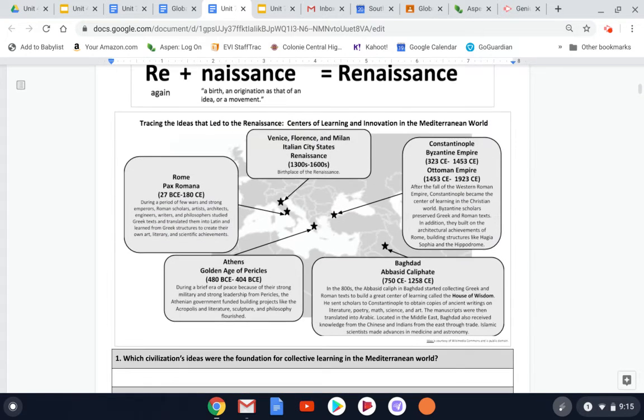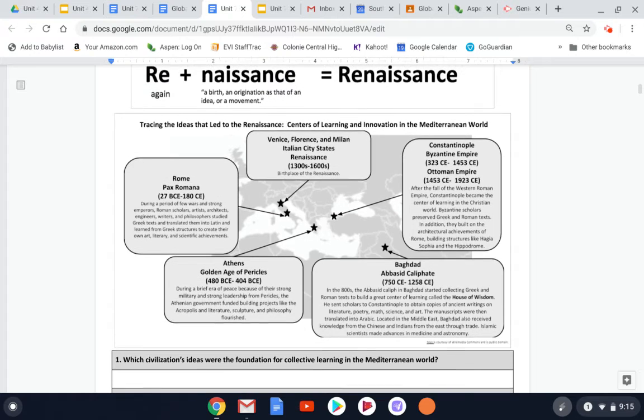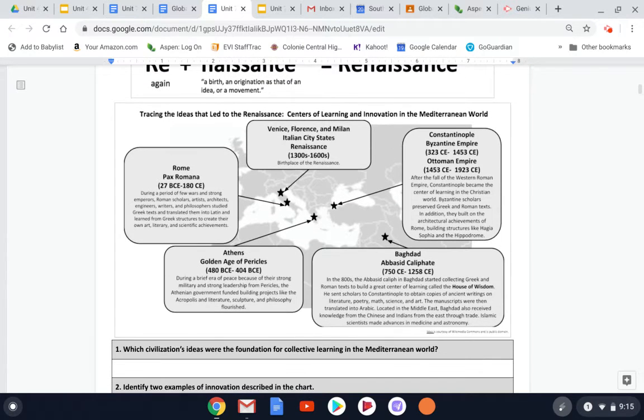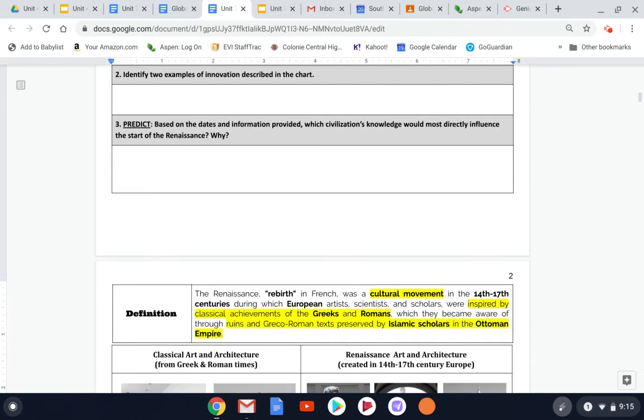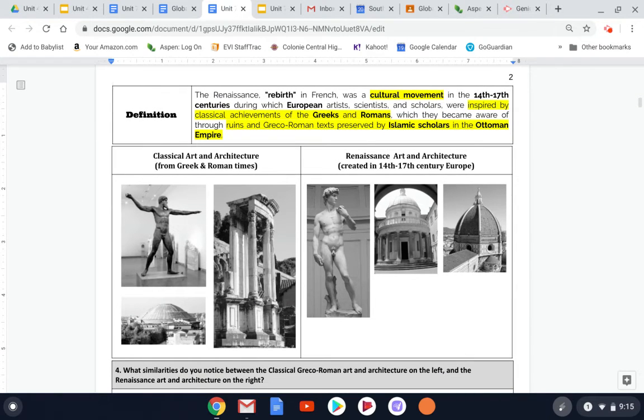All right, so this page gave us a little historical context for what Renaissance means and where these ideas that are being reborn into Italy might be coming from. So let's clarify this definition and concept a little bit further on page 2. So read along with me. This is our official historical definition.